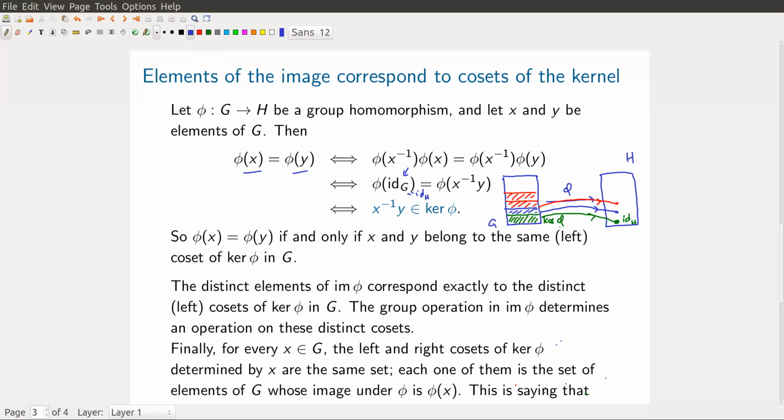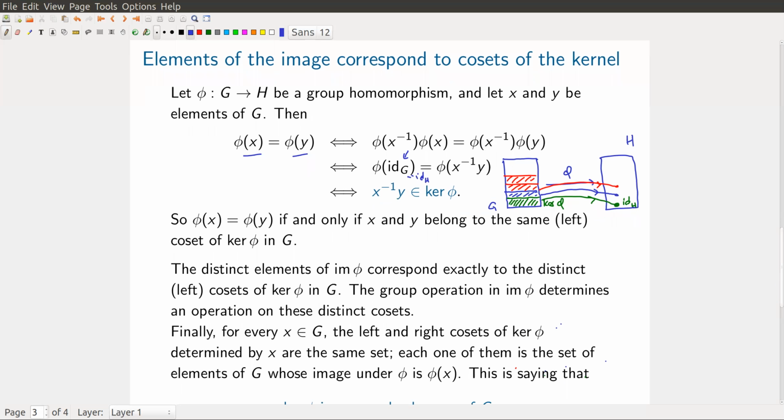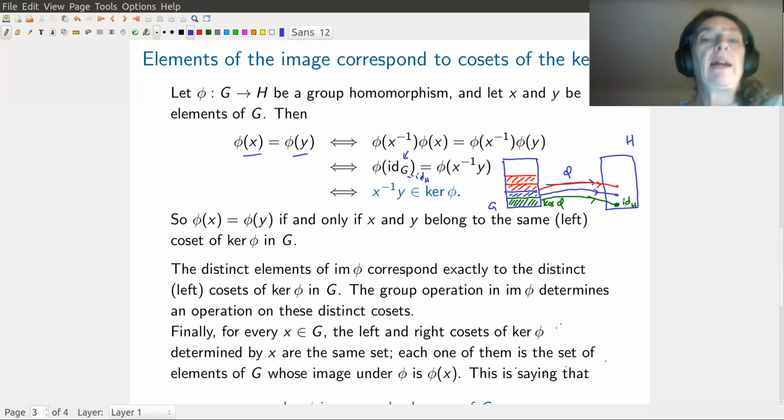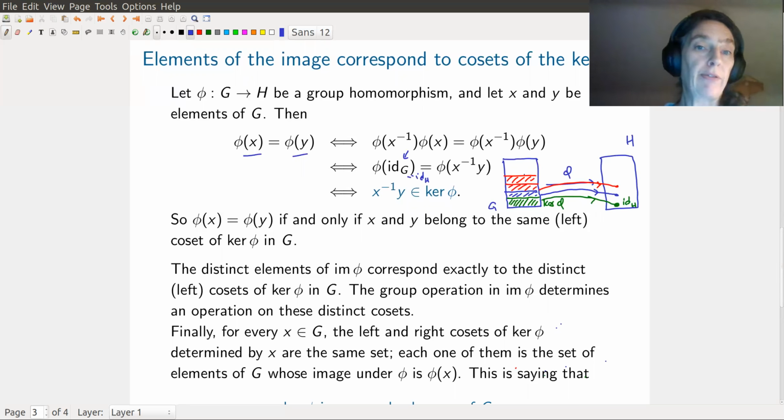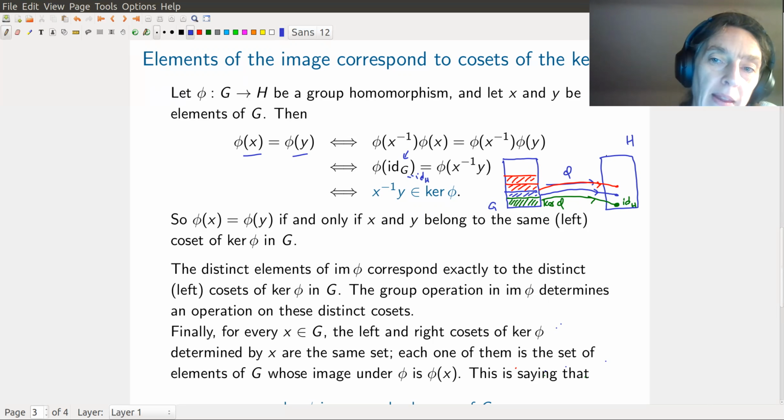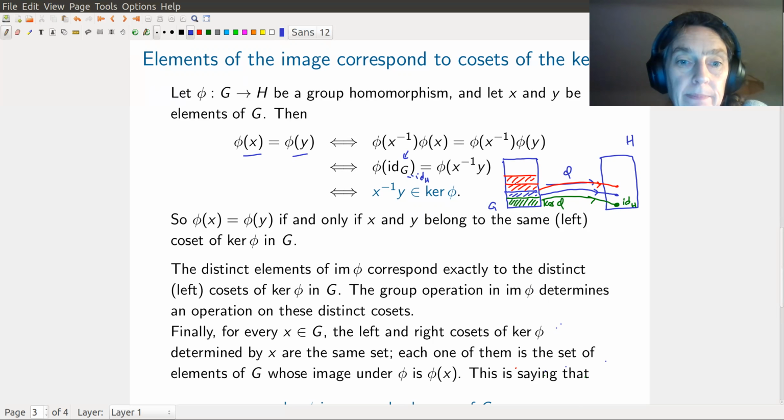Okay, so two elements of G have the same image under phi if and only if they belong to the same left coset of the kernel of phi in G. That's saying that x and y have different images under phi if and only if they belong to different cosets of the kernel of phi in G. So the elements of the image of phi correspond exactly to the distinct left cosets of the kernel of phi in G.